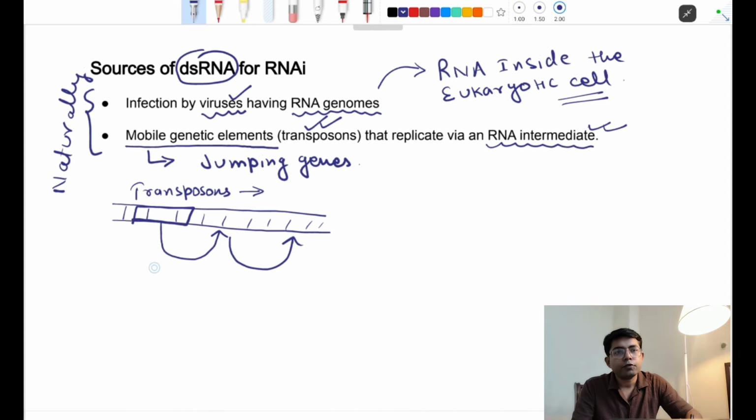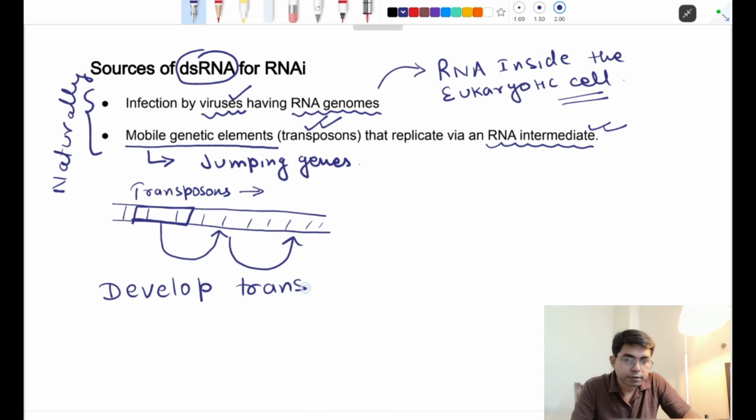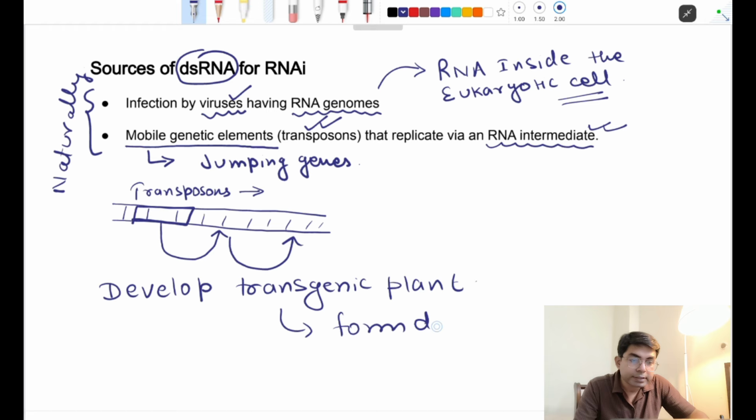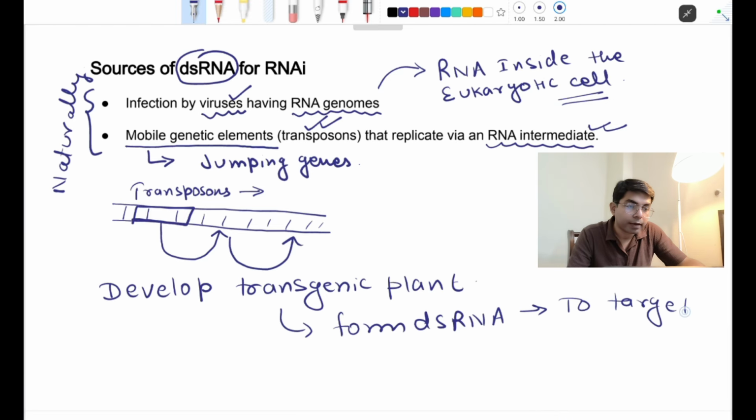Now, this is natural, but we also develop transgenic plants. These transgenic plants will form double-stranded RNA to target a specific mRNA.